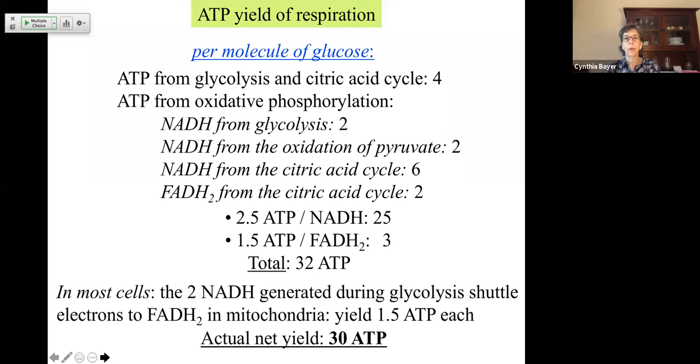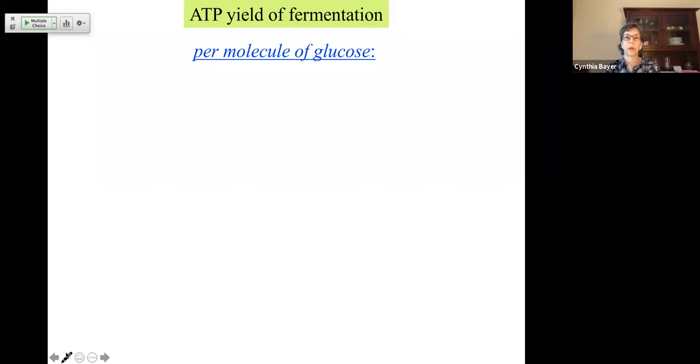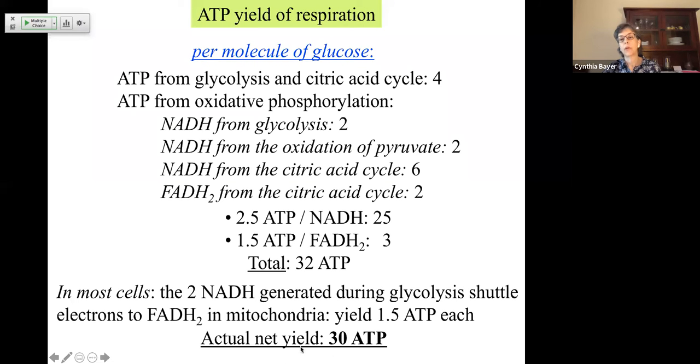So that's why whenever we talk about cell respiration in any of our courses, we say 30 or 32, depending on the cell type. The difference is how much ATP does the NADH from glycolysis contribute to the total yield of ATP.